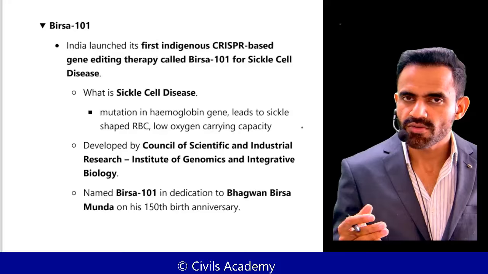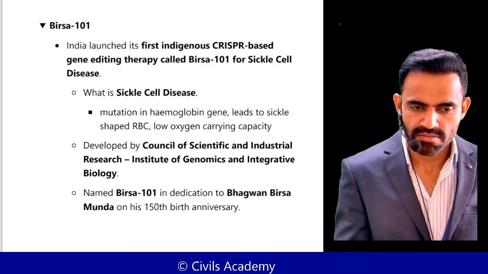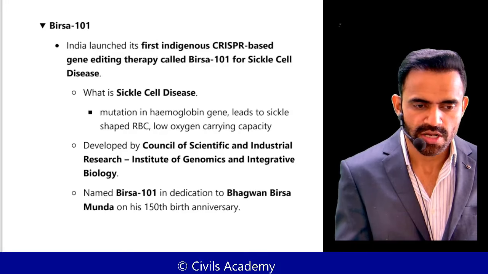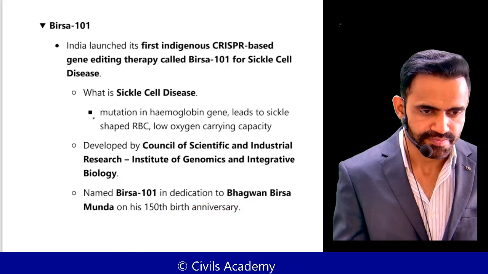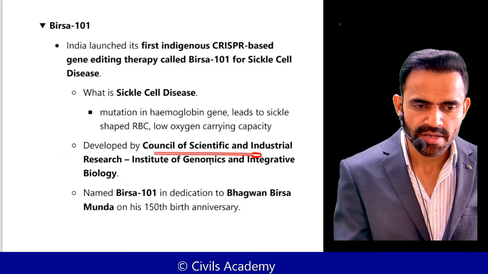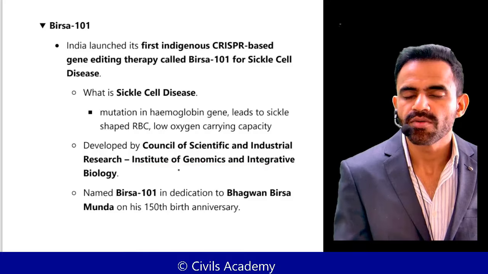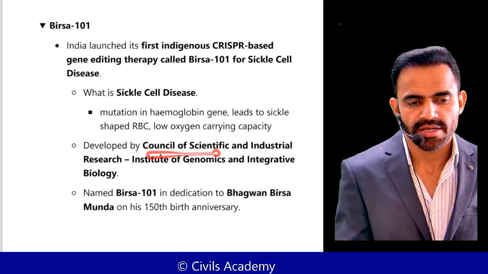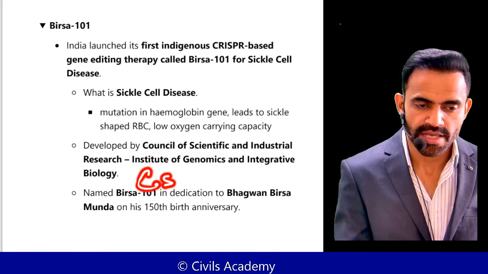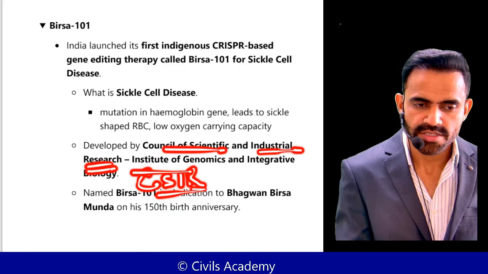Why Birsa 101? Because it is the 150th birth anniversary of Bhagwan Birsa Munda. Okay, who has developed it? Sorry, CSIR. It will be CSIR actually. Council of Scientific and Industrial Research, Institute of Genomics and Integrative Biology.